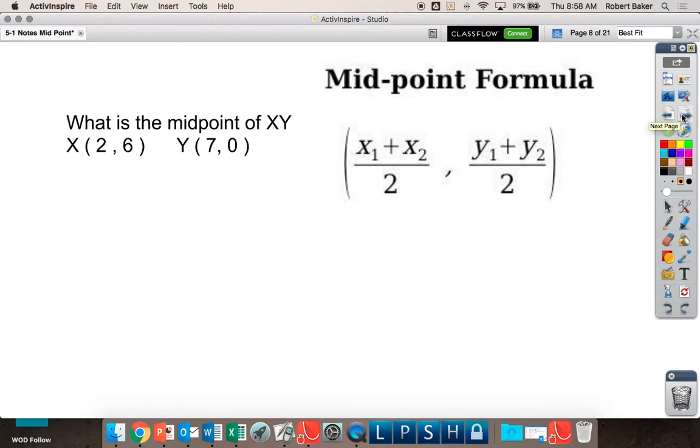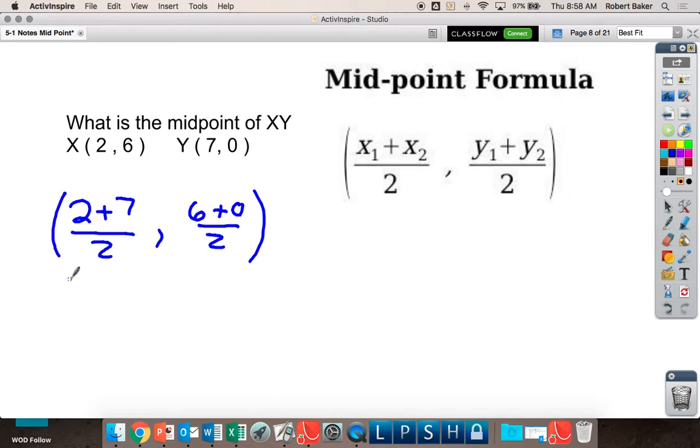Please find the midpoint of x, y. What are your x values? 2 and 7. Divide those by 2. Comma. Your y values. 6 and 0, divide those by 2. It's a coordinate location.